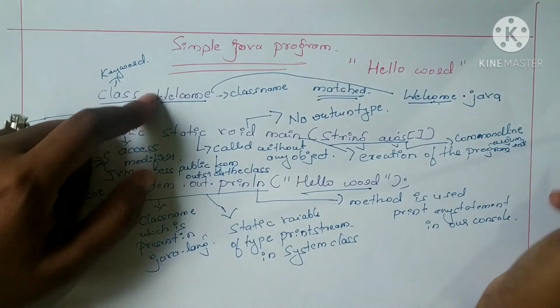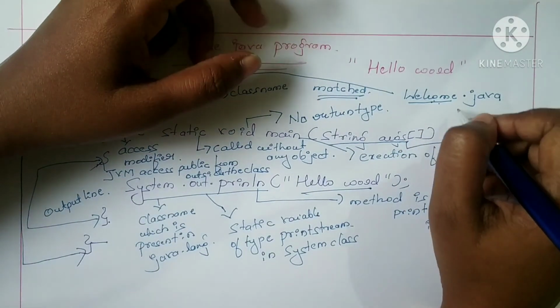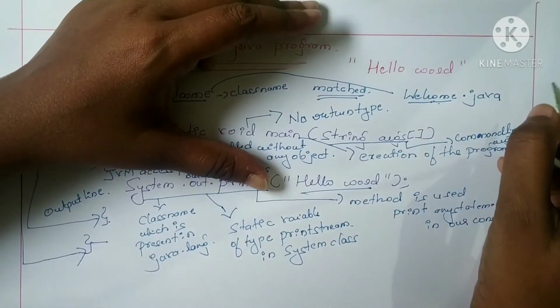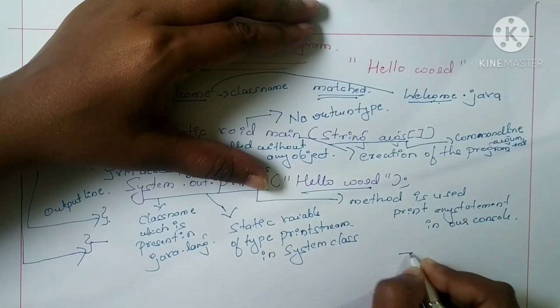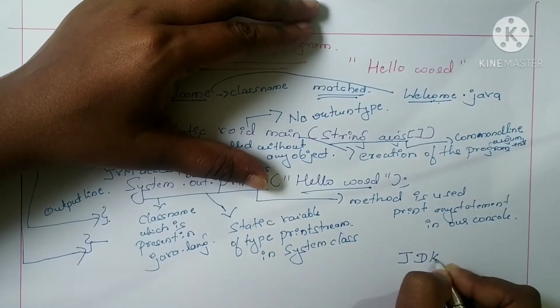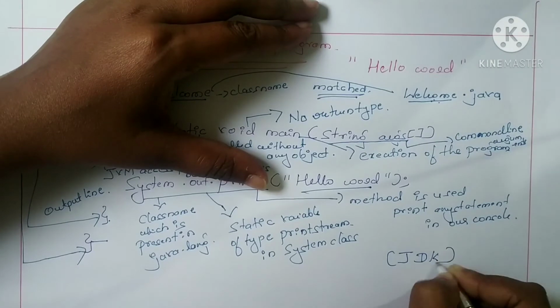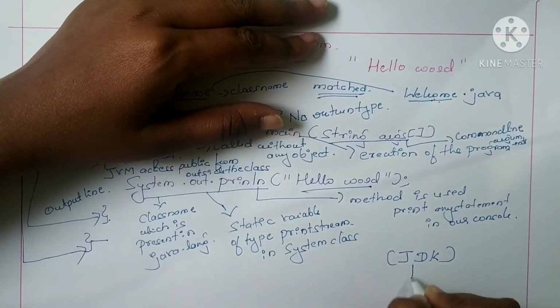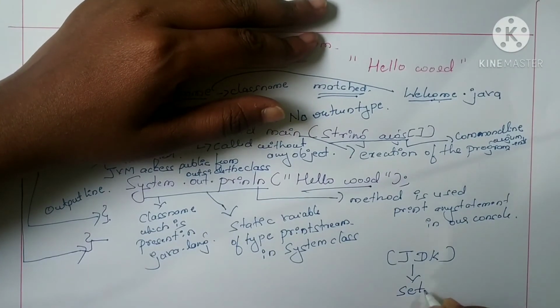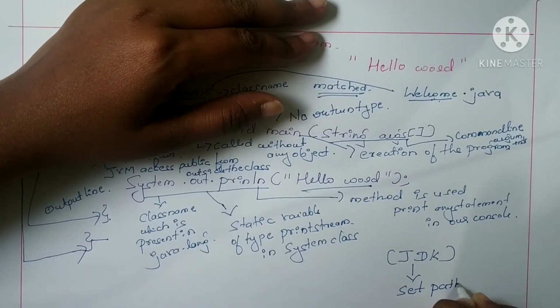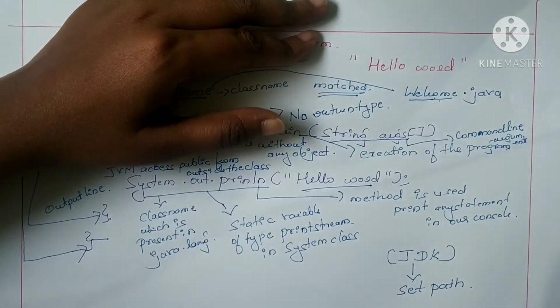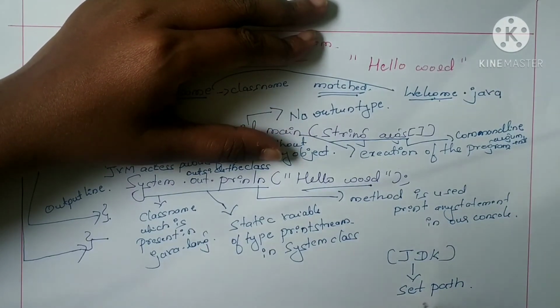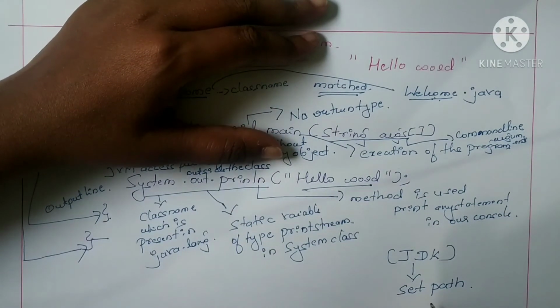And before going to execute this program, we are going to install a JDK with a new version in our system. Then we are going to set a path in our system.